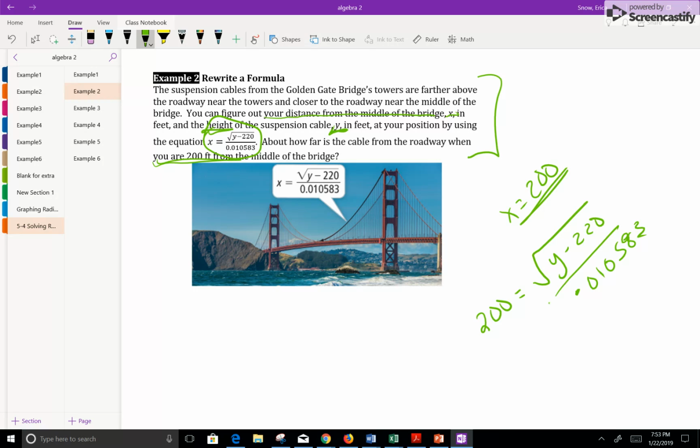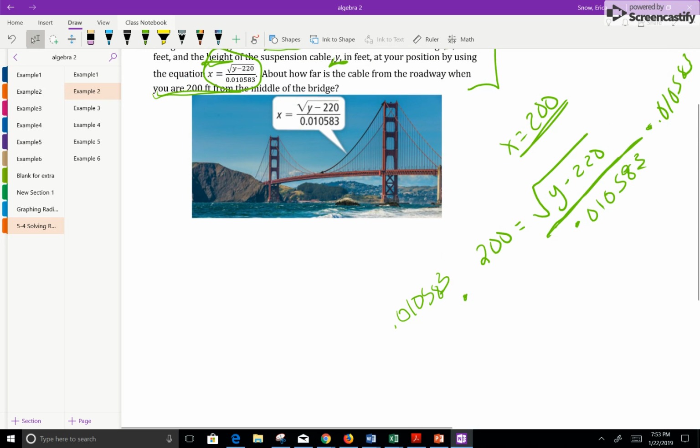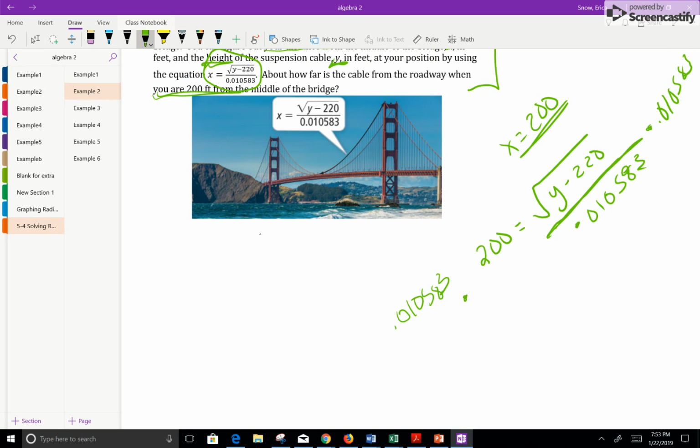So this is division here. So we're going to multiply both sides by 0.010583, and we get that 2.1166 equals the square root of y minus 220.